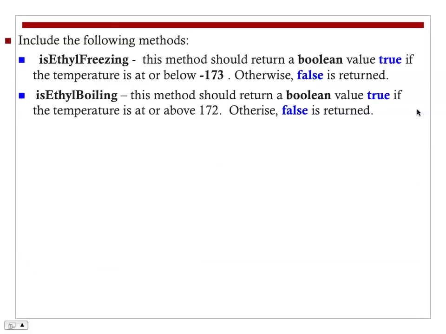Include the following methods: isEthylFreezing and isEthylBoiling. The isEthylFreezing method should return a Boolean value true if the temperature is at or below negative 173. Otherwise, false is returned. isEthylBoiling should return true if the temperature is at or above 172. Otherwise, false is returned.